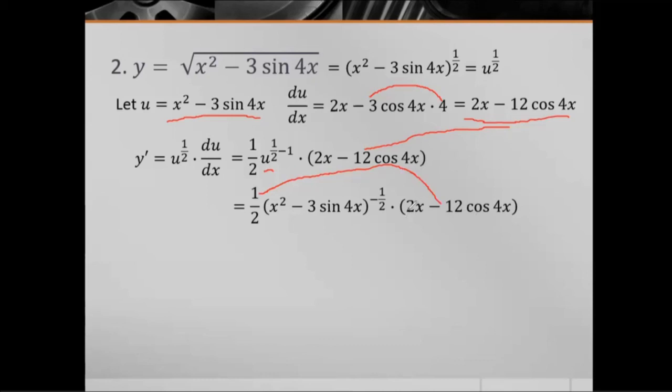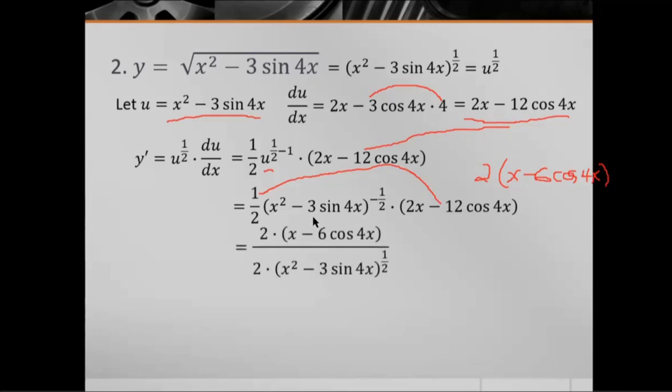Itong part na to, 2x at 12x, pwede siyang i-factor out 2, at ang magiging term niya dito ay x minus 6 cosine 4x, di ba? Kasi factorable naman yung 2 and 12 cosine 4x. Okay? Check natin.